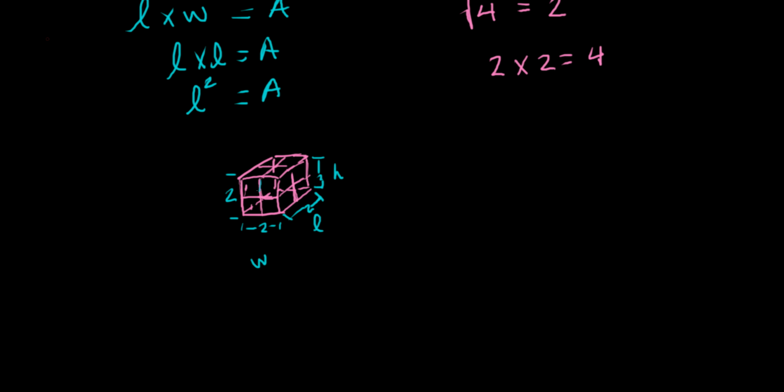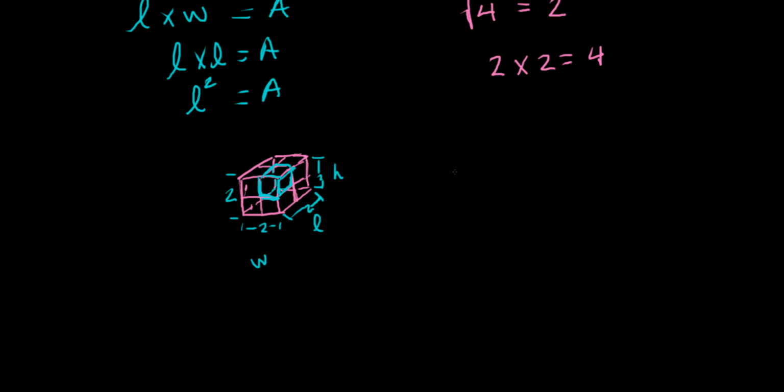Imagine this top right corner here. I've divided it up like this, so that I have this little cube here that has a measurement of 1. I'm just drawing the back of it there so you can kind of see through it. It has a measurement of 1 by 1 by 1.